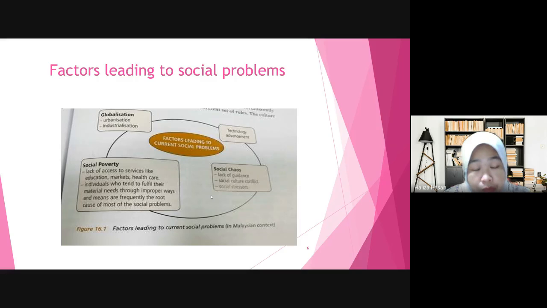So poverty. This factor is usually for the rural area or communities that have low family income. So these factors lead to social problems.